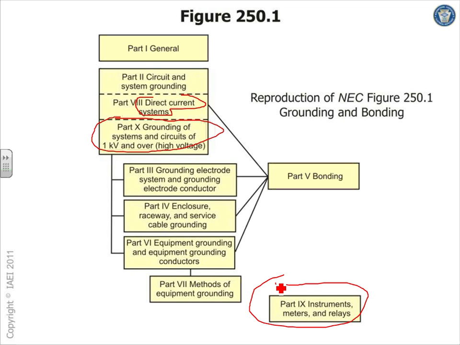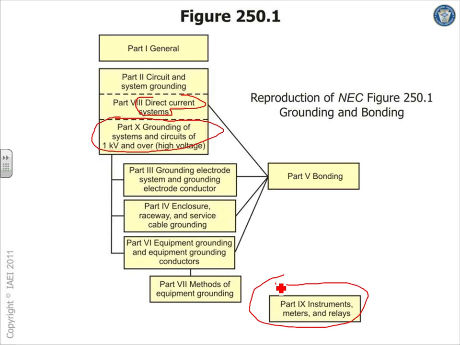A few things about DC grounding. You ground based on the largest positive or negative conductor in your system. Not a whole lot, and you have to tie the positively grounded or negatively grounded photovoltaic system into the grounding electrode system of your building. Typically they do it through a fuse, because they have to monitor the ground fault.